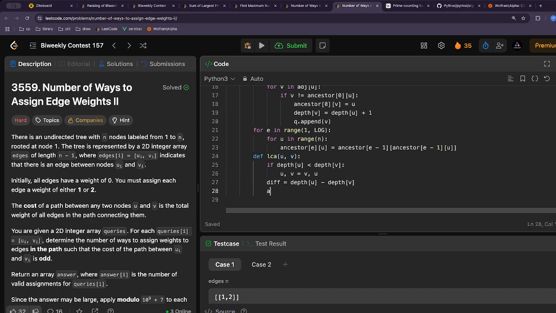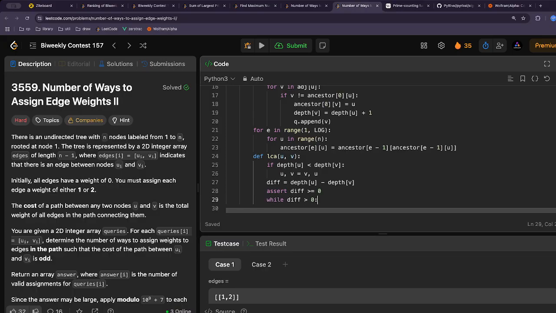I guess we can always add an assertion, right? And so now we want to convert diff into base 2, right?